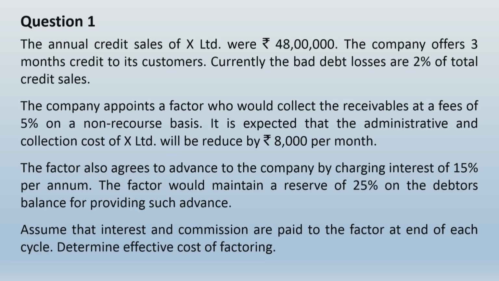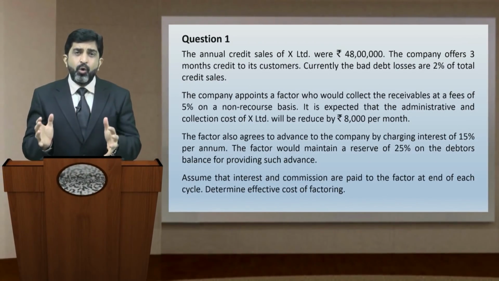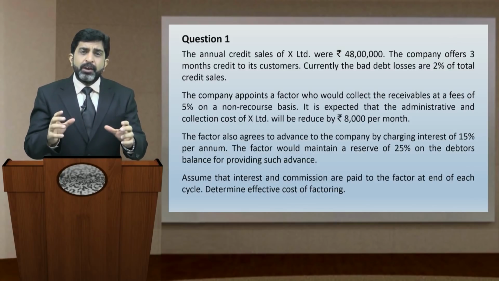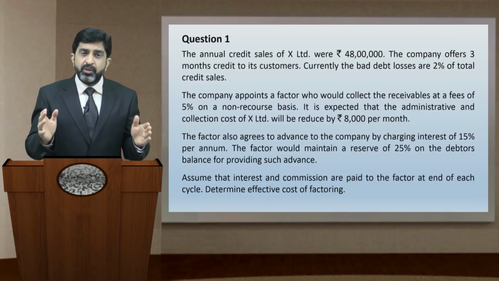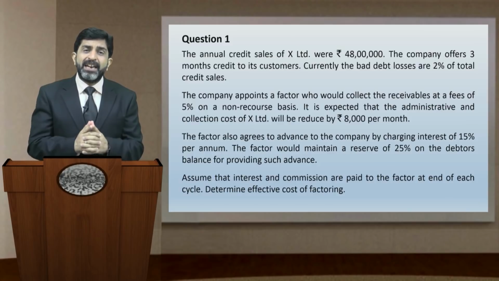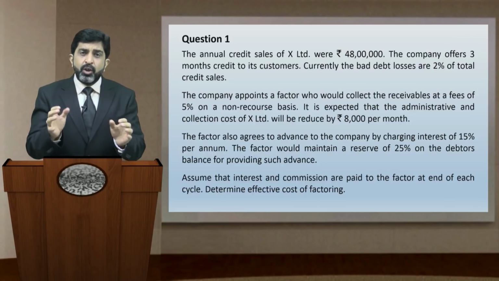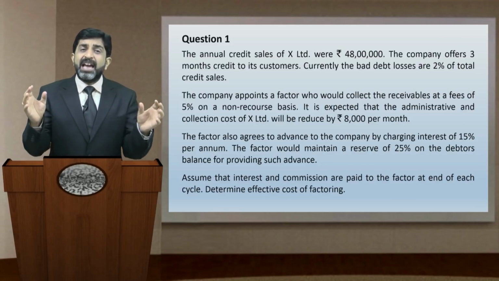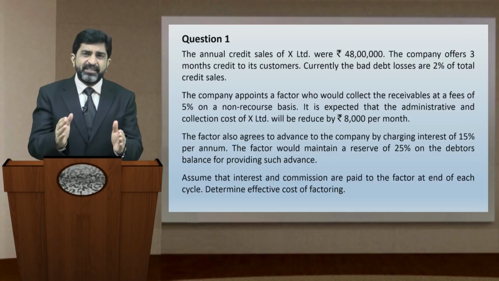Now, before we start solving the question, let us first understand how exactly we are going to approach. If you look at one thing, the overall credit sales of the company is given as rupees 48 lakhs in a year, and the company is giving 3 months credit. So first of all, you should find out the average balance of debtors at any given point of time. The idea is very simple.